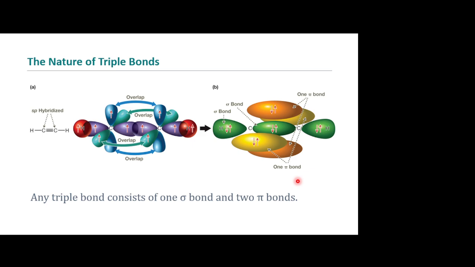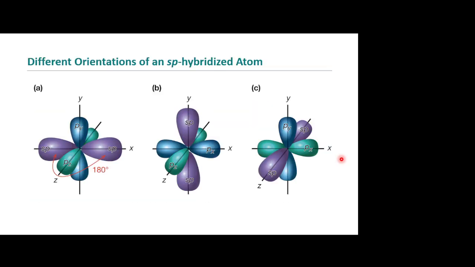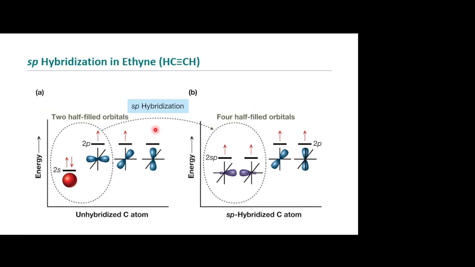Mm-hmm. So on that overlap, how are you getting some... What's up? This one? When it hybridizes, it is going to redistribute. So that's this over here, because these become much closer in energy.